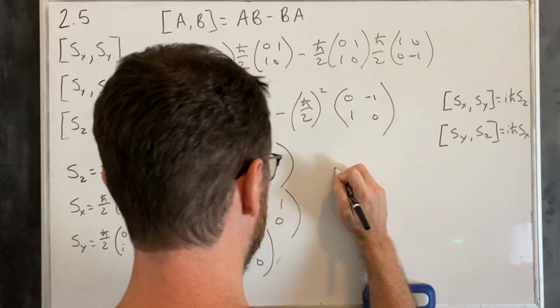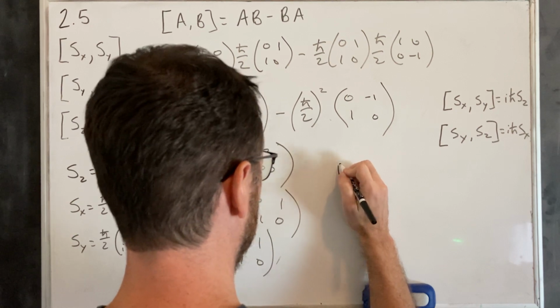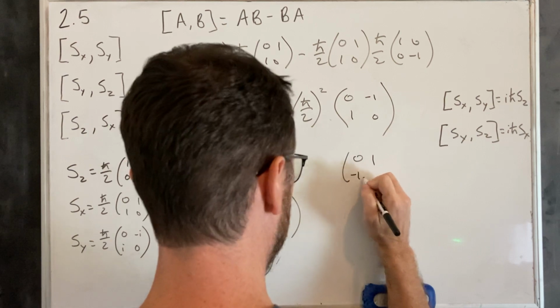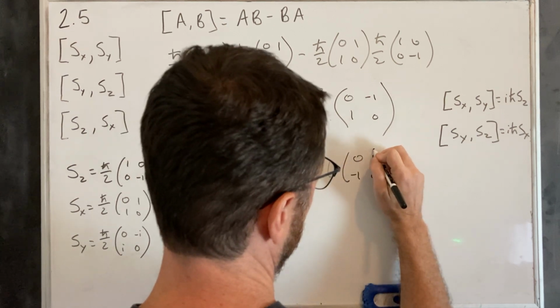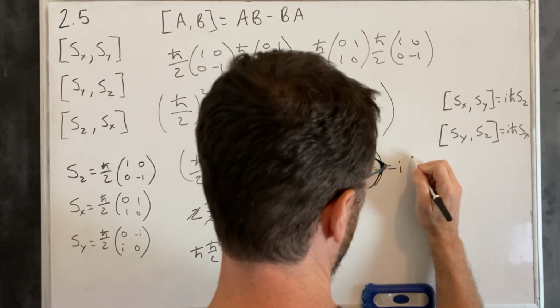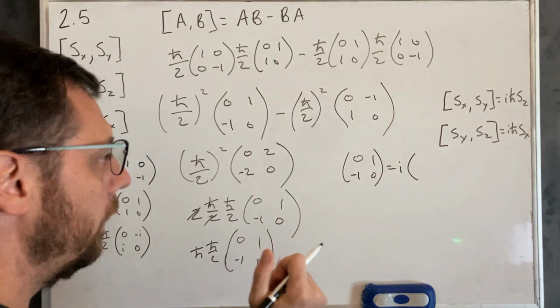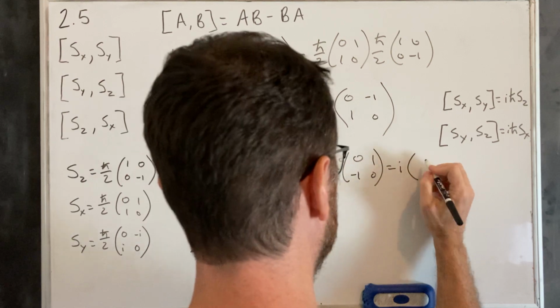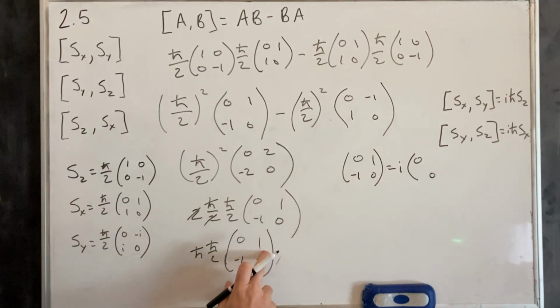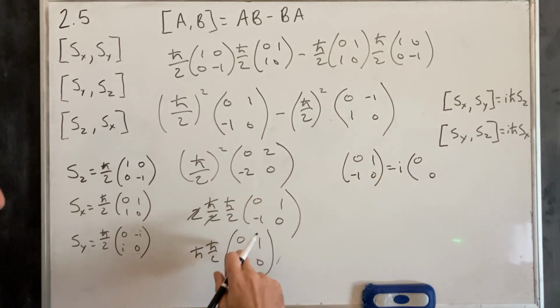if you were to do that, so we have this matrix right here, 0, 1, negative 1, and 0. And that would equal i. So how would you make a, these are going to be 0 no matter what. How do you make a 1? If you have an i, how do you make a 1?